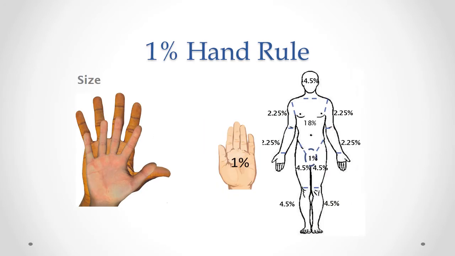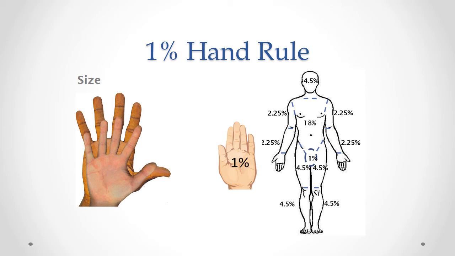And then when we look at the 1% hand rule, again, we're looking at the burn patient's hand size, not ours. So let's say that the backhand here on the left is my hand. If I were to use that to estimate burn percentage, I'm probably going to underestimate the size of that burn, right? Because I'm going to use less of my hands to cover the same area.